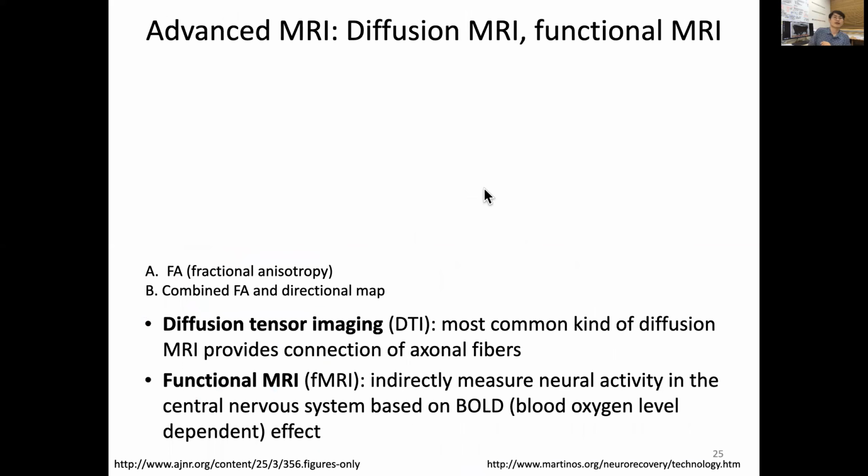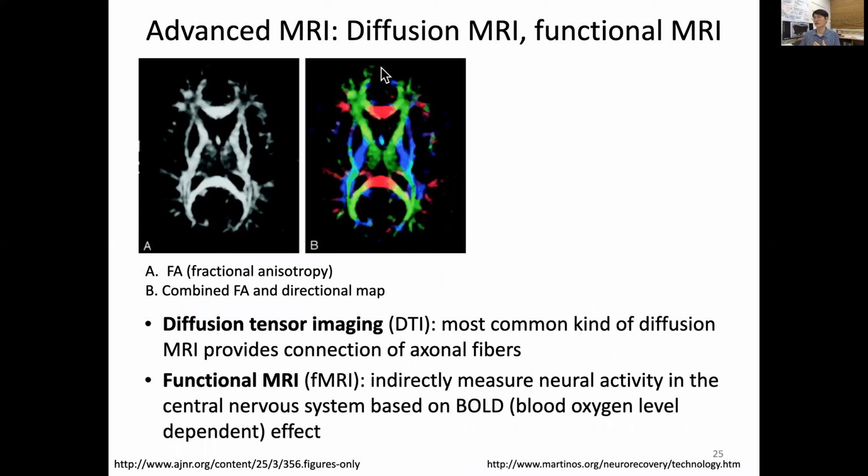So I want to discuss a few advanced MRI techniques, which are diffusion MRI and functional MRI. First, this is called diffusion MRI. What you see is a big axonal tract inside the brain. The contrast is coming from anisotropy, because these axons have a lot of myelination, which forms a very thin layer, so the water or hydrogen atoms will have only limited directionality because of this myelination.